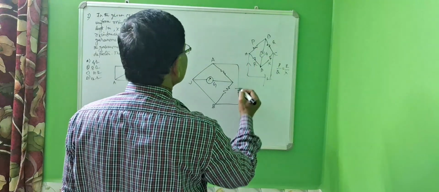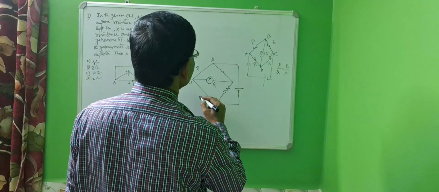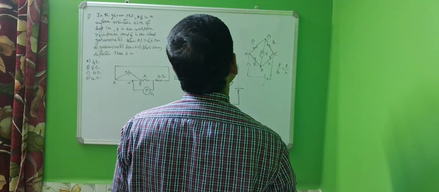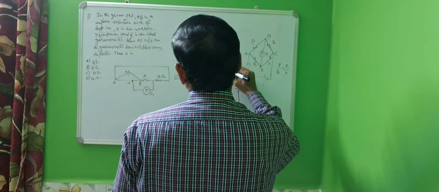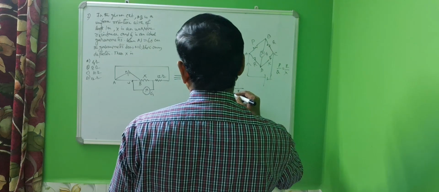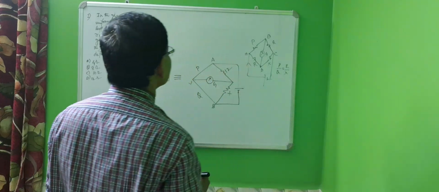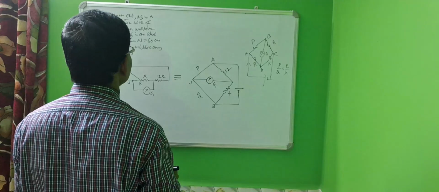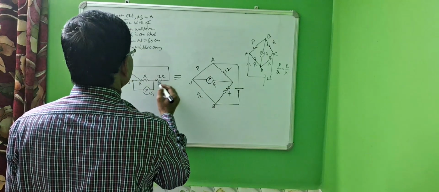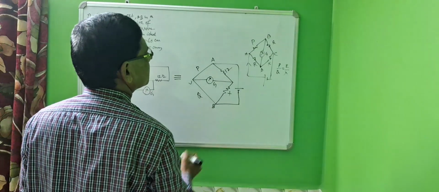So this is P and this is Q. This is R and this is X. Here A is connected to 12 and X is connected to B.